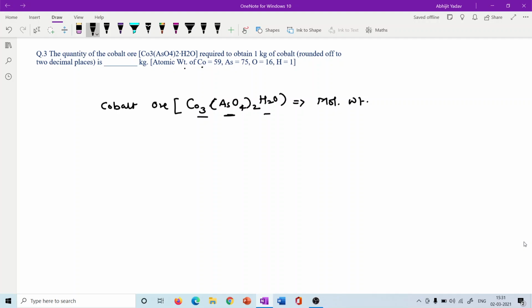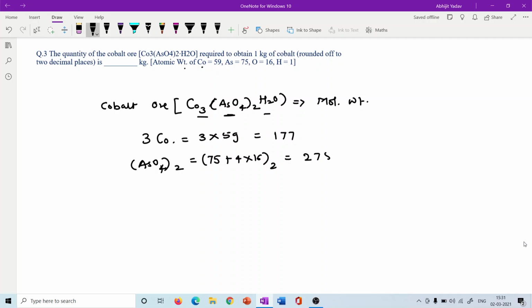So the molecular weight of this complex, can we find out? Cobalt 3, so 3 into the atomic weight of cobalt, which is 59, comes out to be 177. Then the next one is AsO4 twice, so ultimately it comes, 75 plus 4 into 16 twice, so it comes out to be 278.